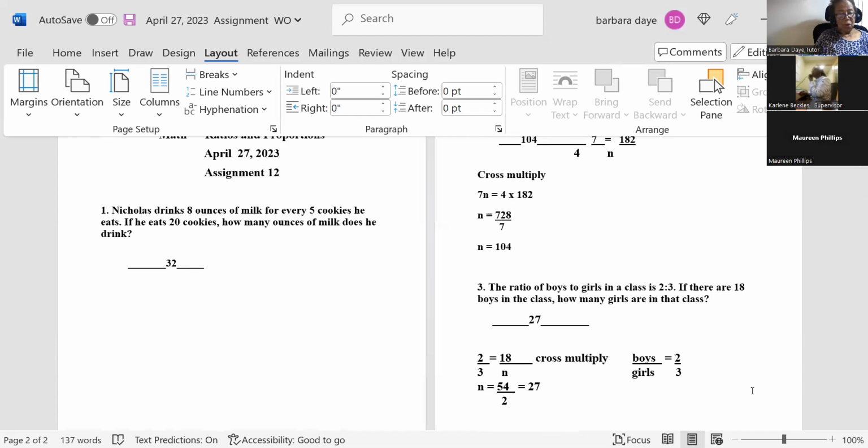She put 3/2, so she multiplied 2 times 18 and got 36, then divided that by 3 and got 12. So she said the answer was 12. If you set it up incorrectly, of course, you get the wrong answer. So just be sure that the ratio matches what the problem says. Ratio boys to girls: boys is the numerator, girls the denominator.